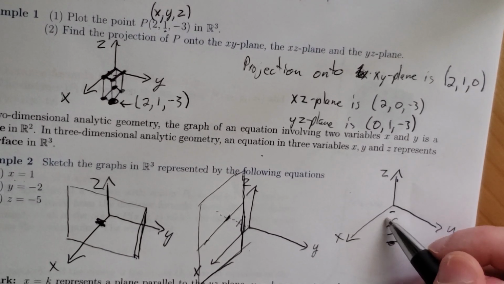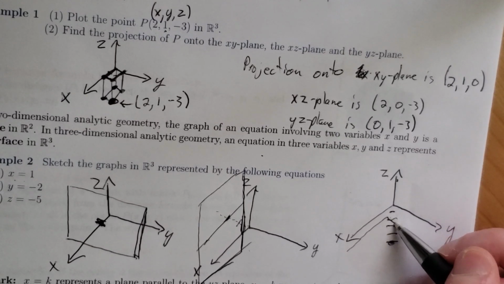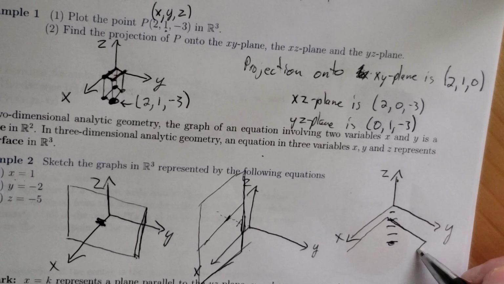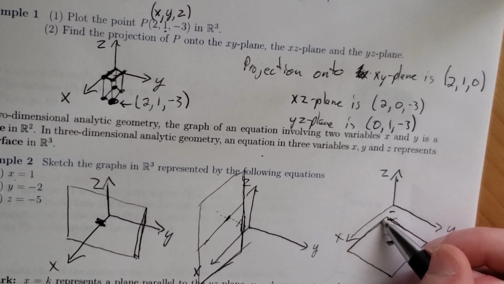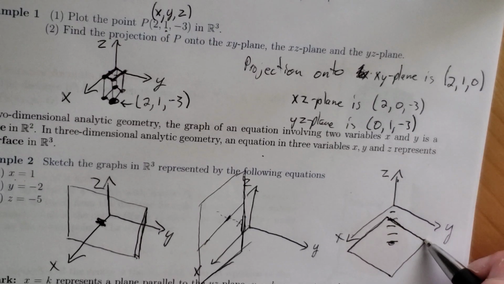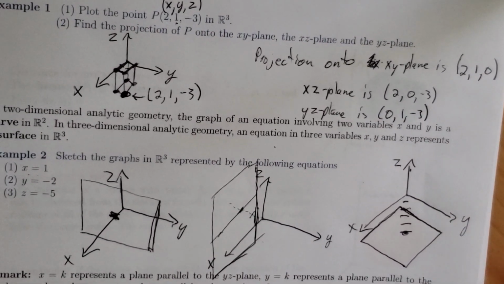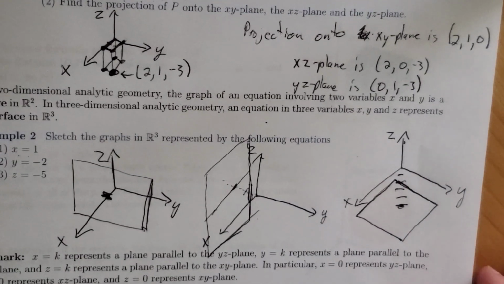So let's draw a plane parallel to this xy plane. And that is here. And of course, these planes extend forever in these directions, but we can't draw that, so we're just going to draw that square. All right, and that's it.